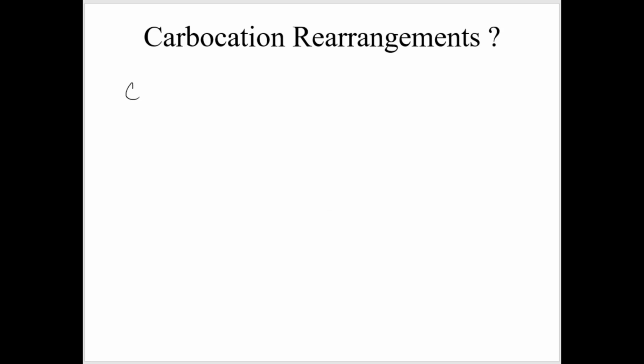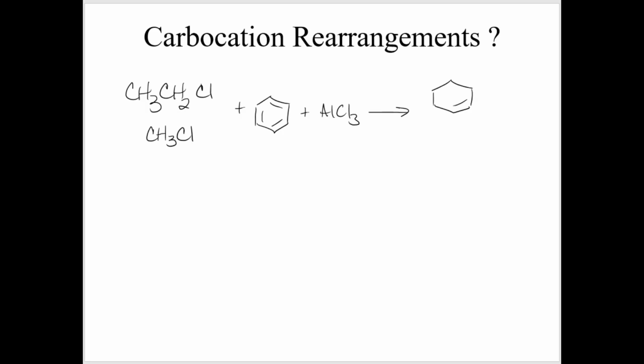I want to answer an obvious question, which would be, could I take ethyl bromide or methyl bromide and add benzene and aluminum trichloride and end up making ethyl benzene or methyl benzene, which is actually called toluene?